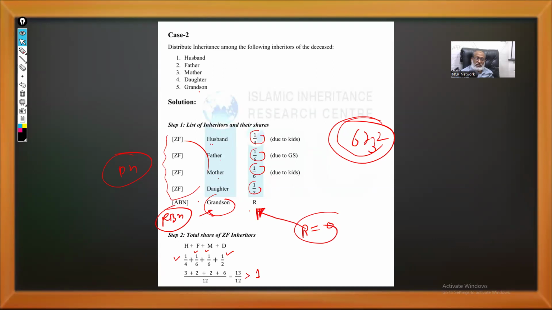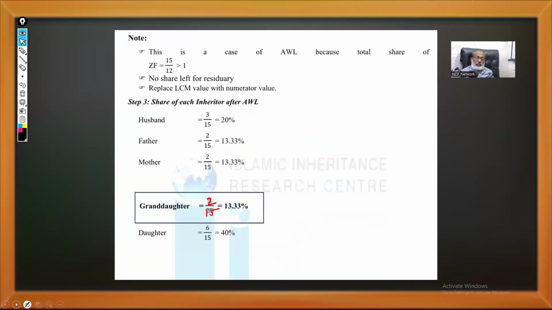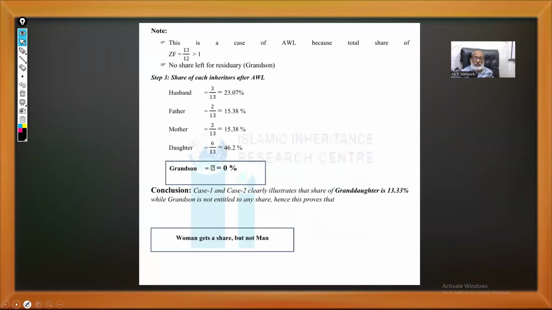So we can say that in some cases the woman is getting the share, but not the man, because the granddaughter is getting 33.33% while the grandson is not getting any share.